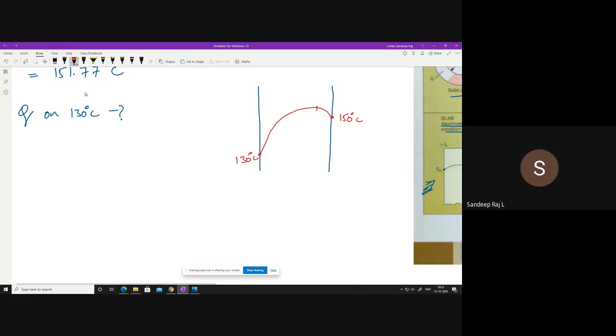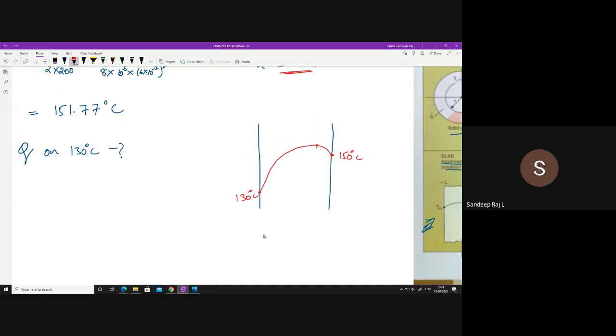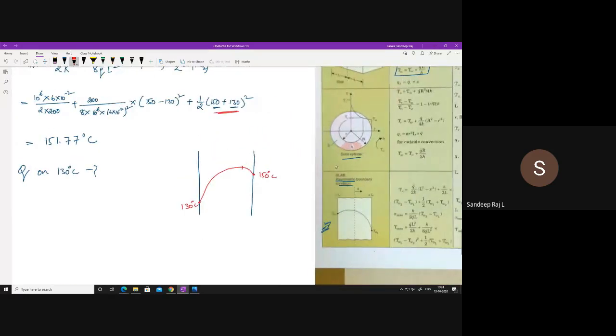How did you get the X? If you look at this diagram, X starts from the center.